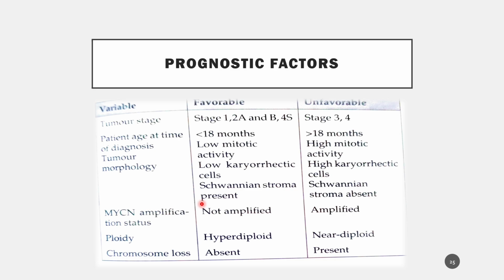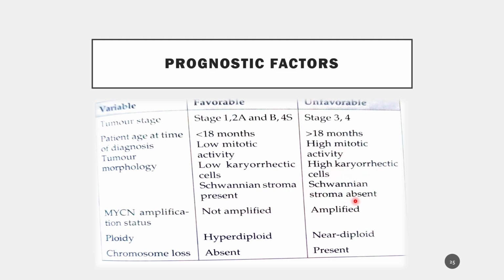If we talk about the prognostic factors, then in a neuroblastoma, if it is stage 3 and 4, then prognosis is unfavorable. If the patient age is more than 18 months, then it is unfavorable. High mitotic activity obviously suggests that the tumor is aggressive and the outcome is unfavorable, poor prognosis.